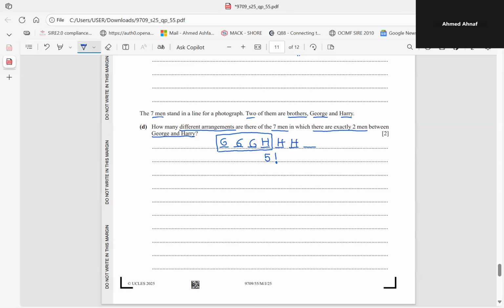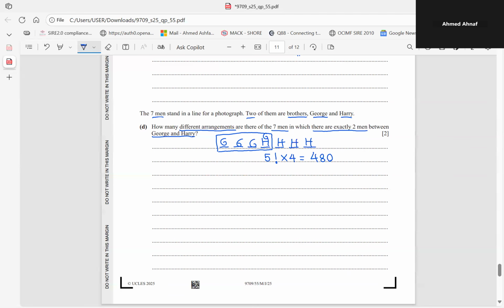So that's 1, 2, 3, 4 ways. So that is 5 factorial times 4, which would give you 480.